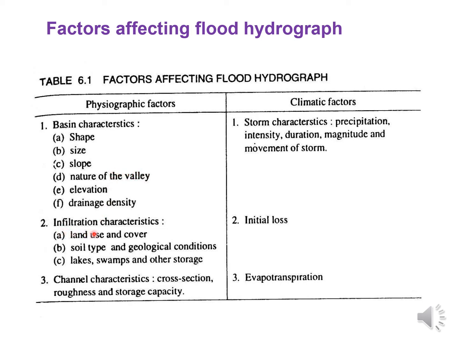In infiltration characteristics, land use and cover, soil type and geological conditions, lakes, swamps and other storage affect the flat hydrograph. And in channel characteristics, cross-section, roughness and storage capacity affect the flat hydrograph. And on the side of climatic factors, storm characteristics, initial loss and evapotranspiration affect the flat hydrograph.